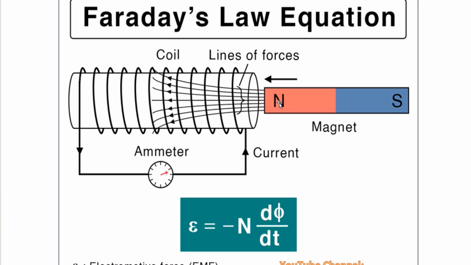So you can think the north side of the electromagnet produced here will oppose this north side. So when you are taking it inside, you will face some resistance because of the production of electromagnet due to these coils. And where is this electromagnet produced from?